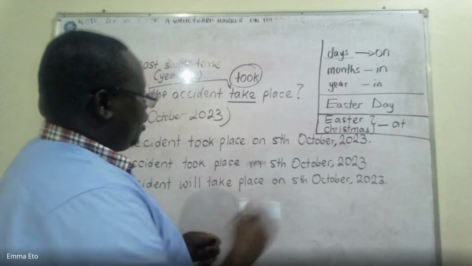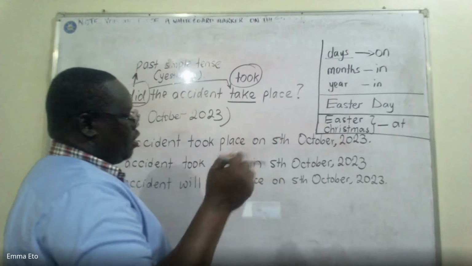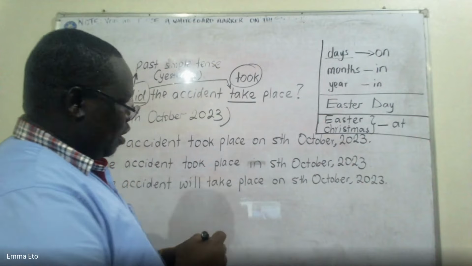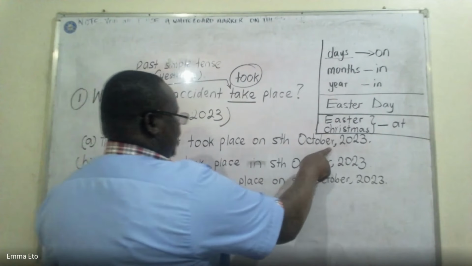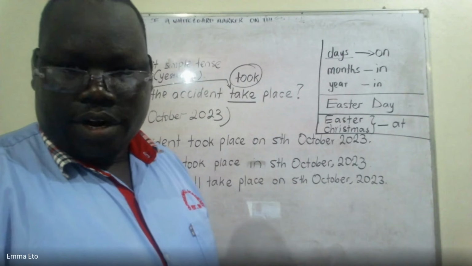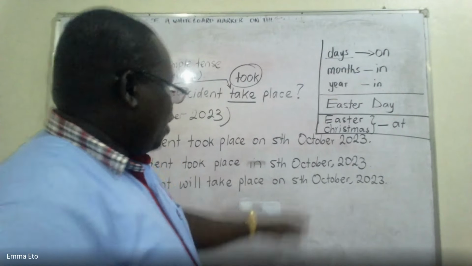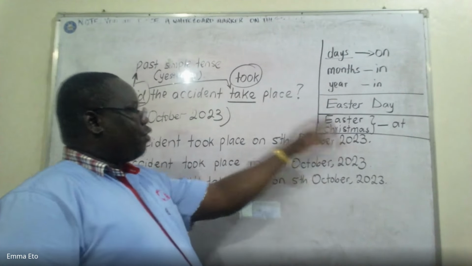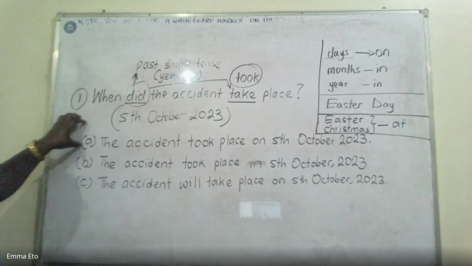Option number 1 is correct, right? What about if I remove this comma here? Will it be correct? If I do away with the comma here after the month, will the answer still be correct?